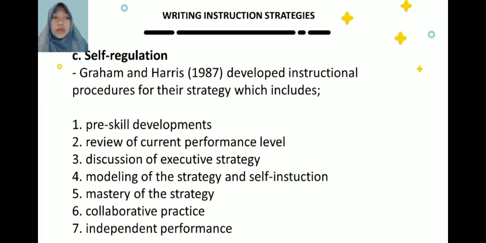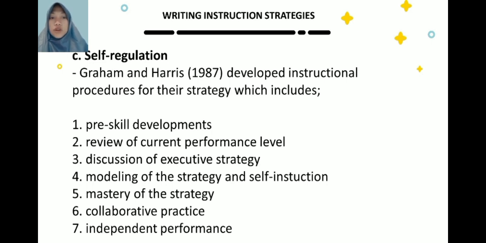According to Graham and Harris in 1987, they developed instructional procedures for this strategy, which include: first, pre-skill development; second, review of current performance level; third, discussion of the executive strategy; fourth, modeling of the strategy and self-instruction; fifth, mastery of the strategy; sixth, collaborative practice; and lastly, independent performance.